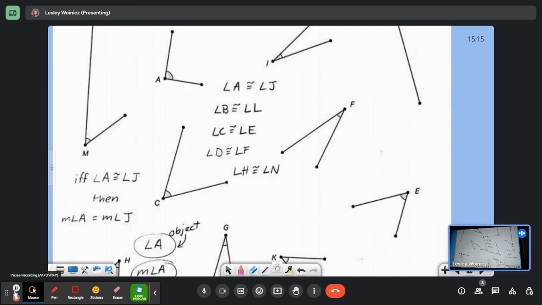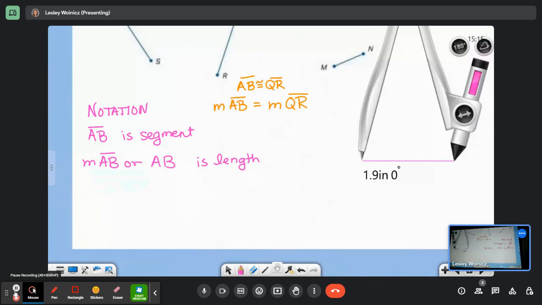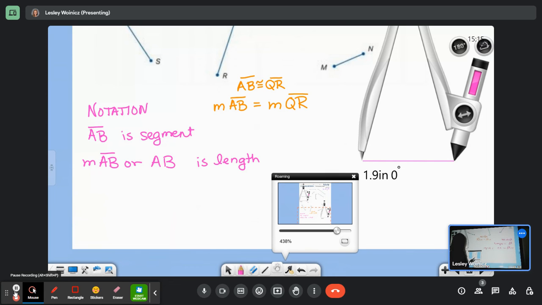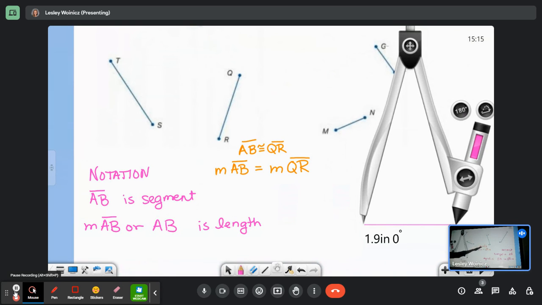Before we go on to the next bit, I want to talk again about the front. Can we flip back to the front? Okay, so we said that segment AB and segment QR were congruent. Did anyone check their measures with the rulers? What do you get with the rulers?